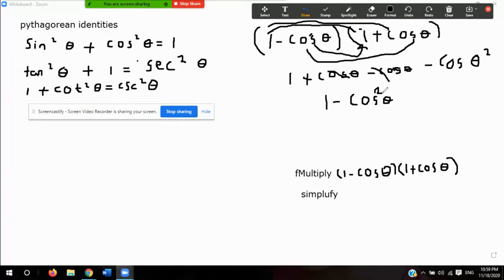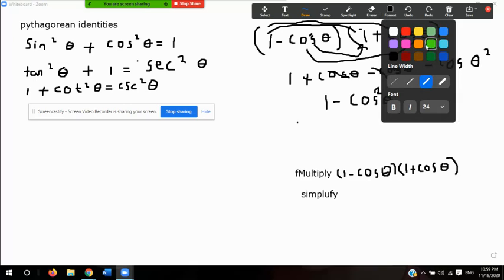To simplify this expression, what we need to do is rewrite our Pythagorean identity. I know that the Pythagorean identity says that sine squared plus cosine squared equals 1, but I'm going to rewrite that. Let me write it in a different color to explain what I'm trying to get at.